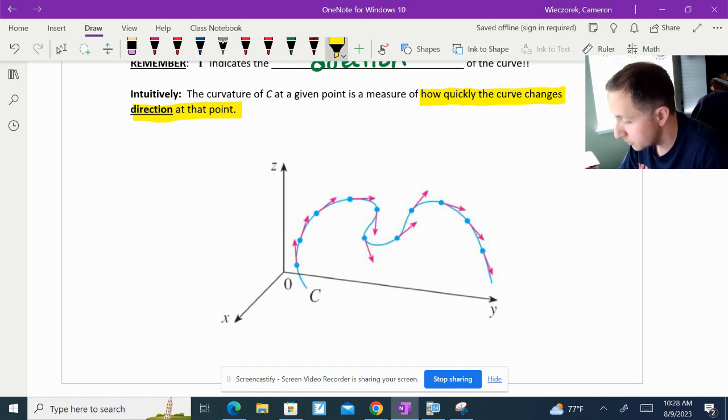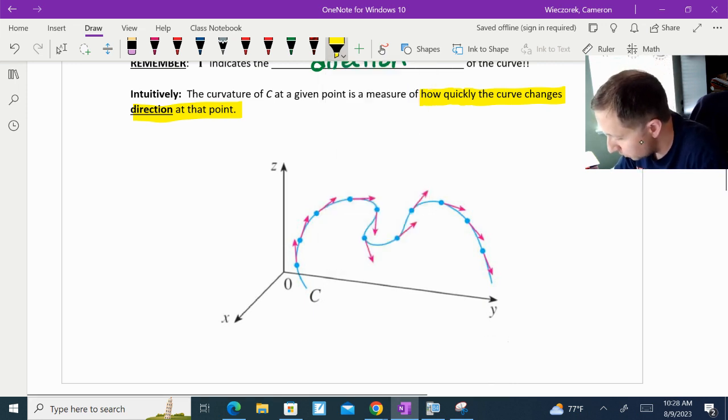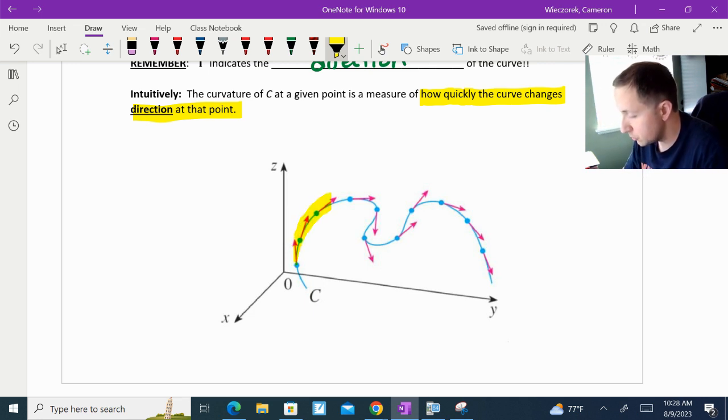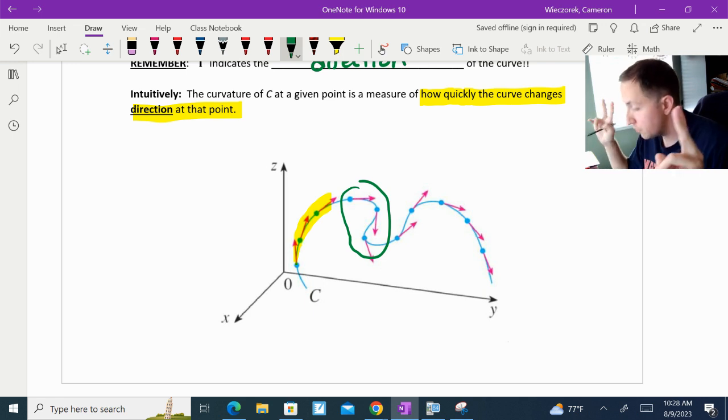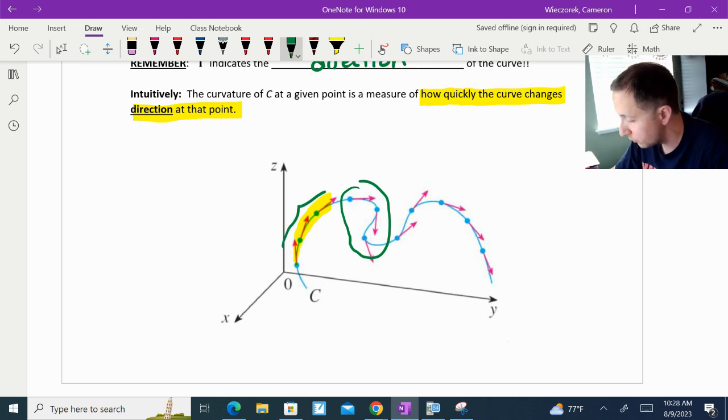The pink vectors are showing you the tangent vector, or potentially the unit tangent vector if they have a length of 1. But notice in this area over here on the left, these tangent vectors don't look like they're changing direction too rapidly, but when we get into this little area over here in green that I'm circling, notice that they're changing direction much more rapidly. So we would expect the curvature there to be much larger than over here on the left-hand side.